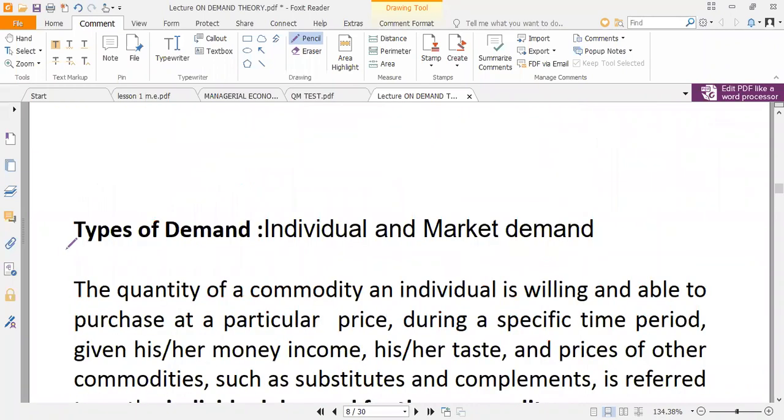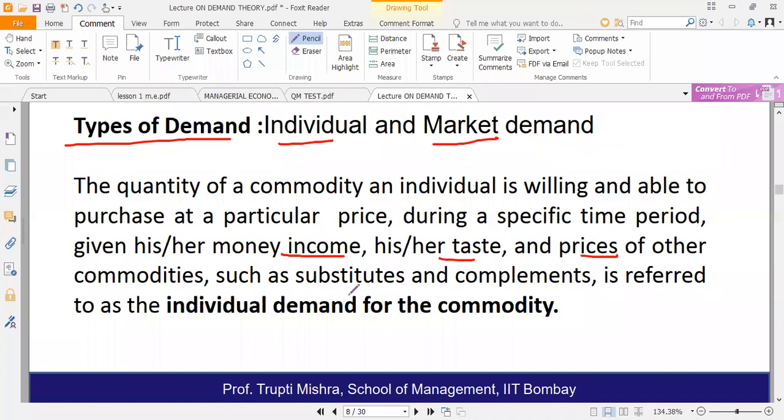Now, the types of demand can either be individual or market demand. The individual demand is the willingness and ability of an individual to purchase a particular commodity at a particular price during a particular period of time, given their income, their taste, or the prices of other goods, such as substitutes and complementary goods.